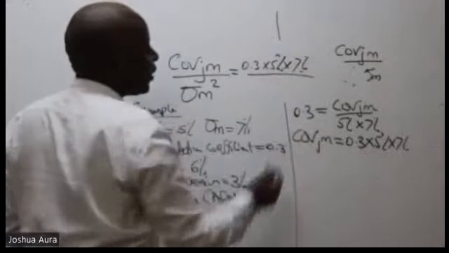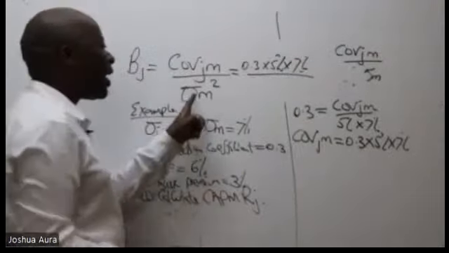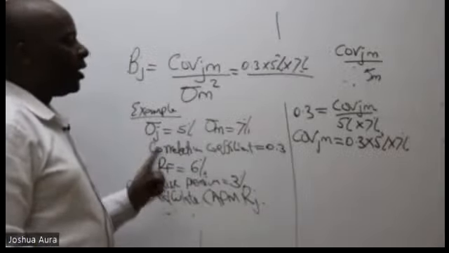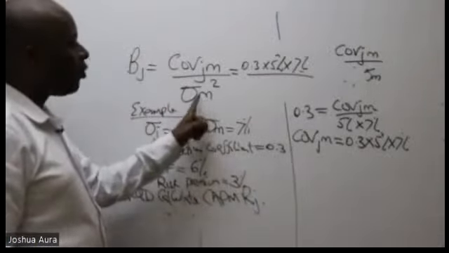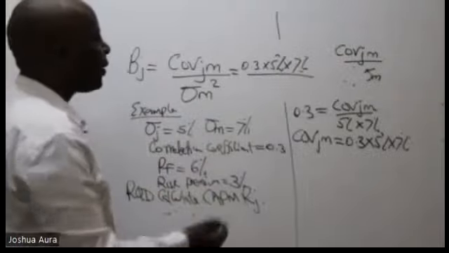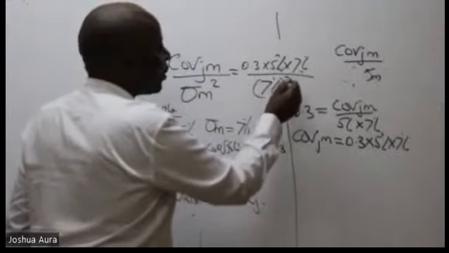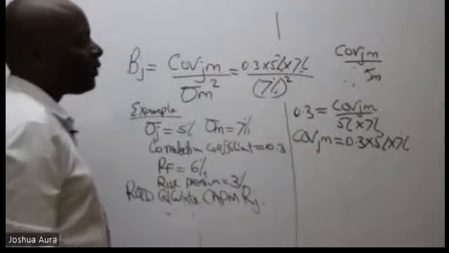This is the covariance. Divide this by the standard deviation of the market squared. The standard deviation of the market is 7%, squared.